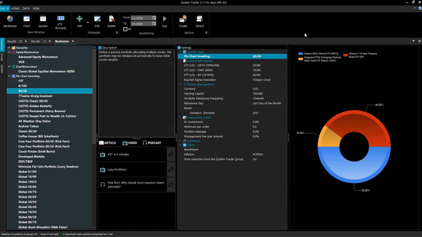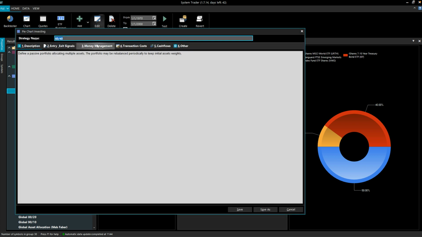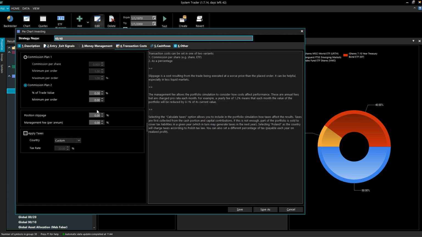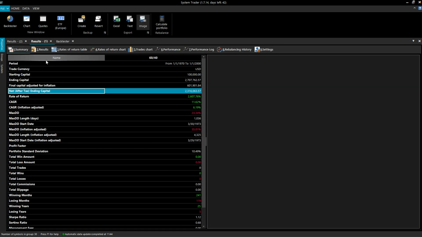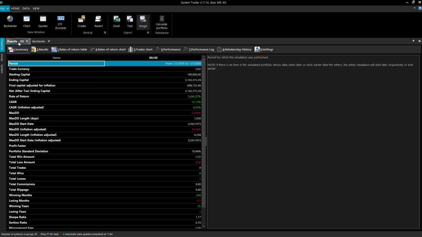And now, last but not least, the management fees. For that, let's set, for example, one portfolio in which we will have the management fee per annum at 0%. Basically, we have such a case here because we didn't have any taxes, no commissions, nothing. So this is such a portfolio.